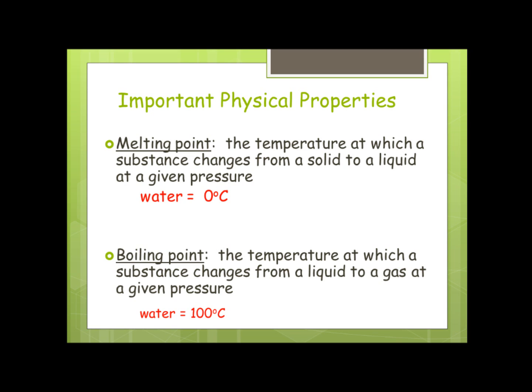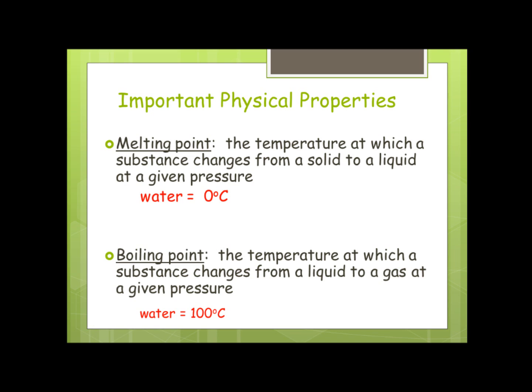Now, the boiling point is the temperature at which a substance changes from a liquid to a gas at a given pressure. So when you put a pot on the stove and you're boiling water to put noodles or rice or something in there, the water has to get to 100 degrees Celsius, which equals about 212 degrees Fahrenheit, before it starts bubbling and boiling.